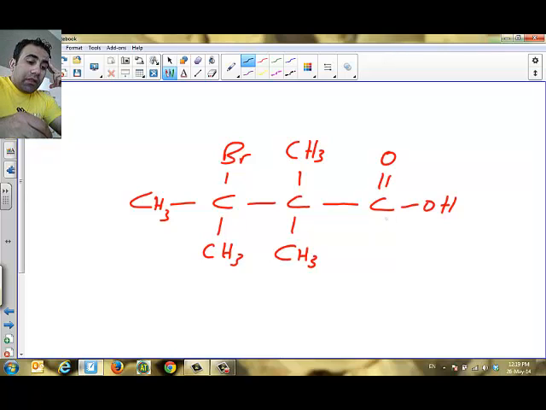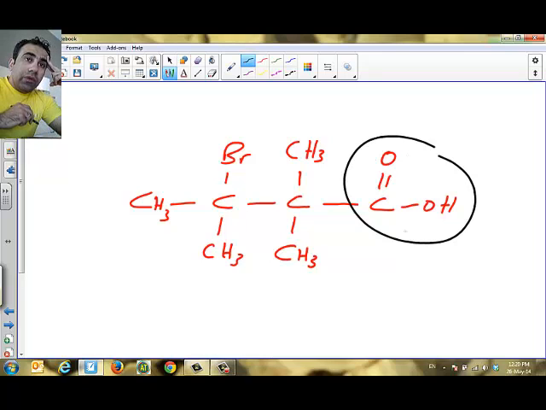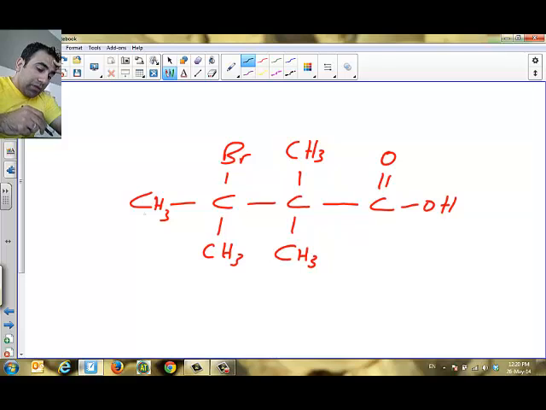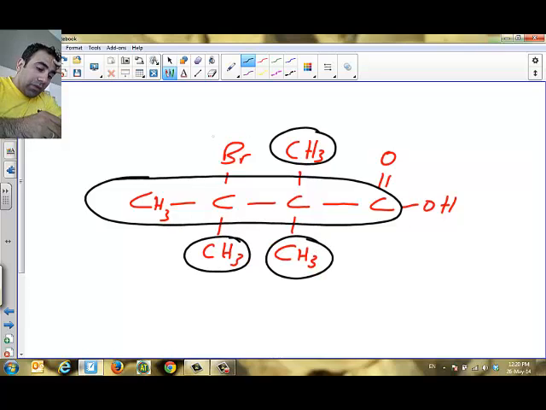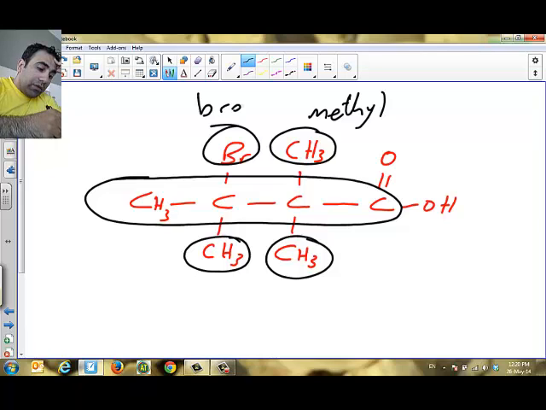When we have C double bond O with OH, this is the functional group for carboxylic acid. So now if I want to name this compound, I have to take the longest chain. Here I have 4 groups, these are all methyls. I have 3 methyls and I have 1 bromo.